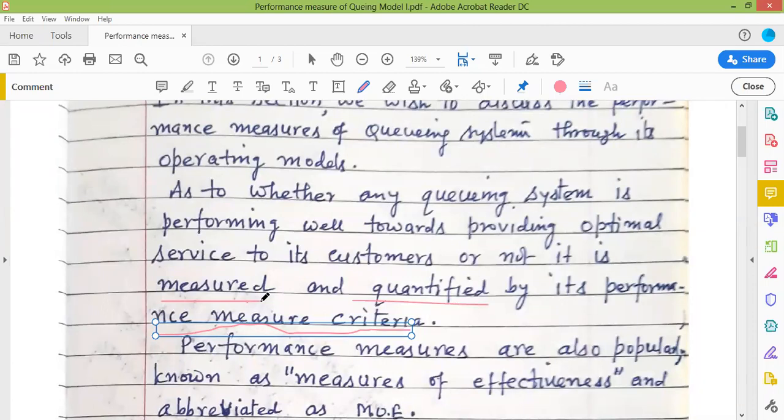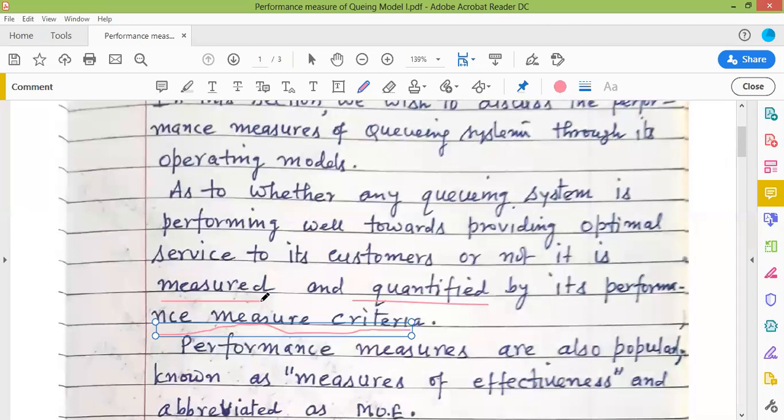What does it mean? It means that we need to have some finite number, finite quantity, finite amount, so that by looking at that we can arrive at certain decision making. That decision making will be related to the performance.